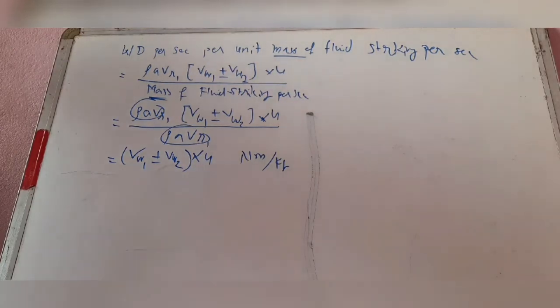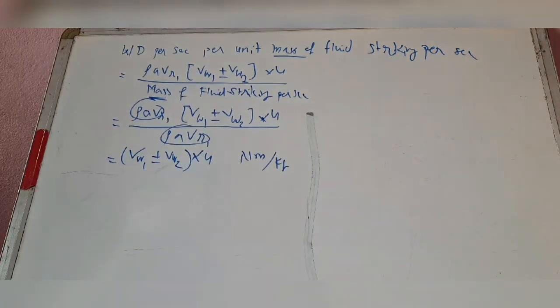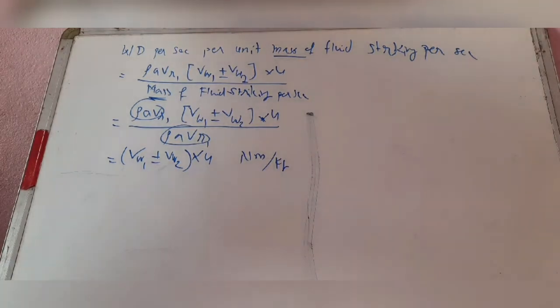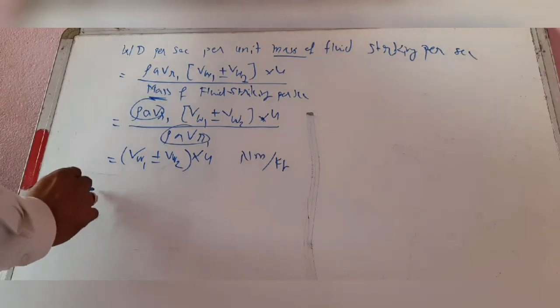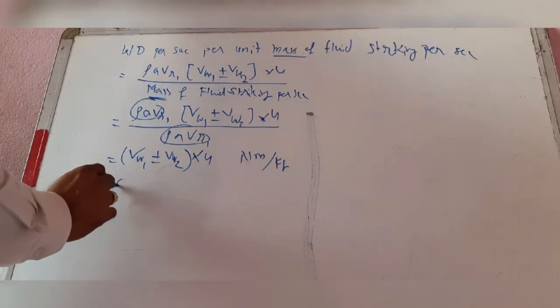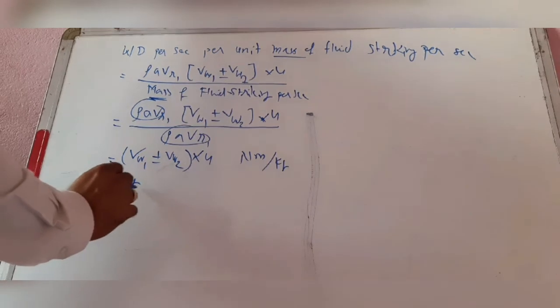This equation gives the work done per unit mass, whereas the earlier equation gives the work done per unit weight. Okay. Now we have to calculate the efficiency of the jet. As we know, efficiency is equal to output by input.